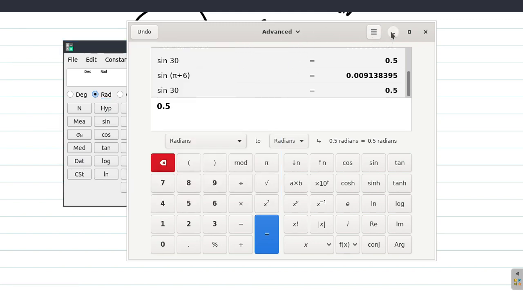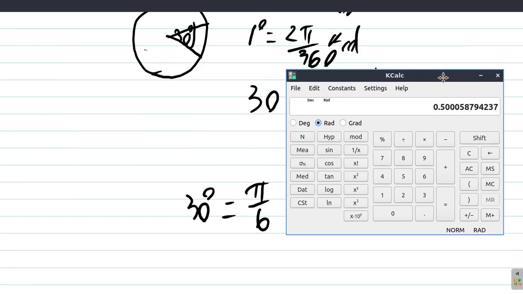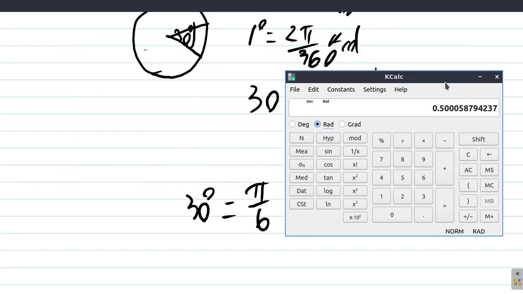This calculator, I don't trust it. I trust this one more. So if you have a calculator that you're not familiar with, whether you borrow it or recently bought it, make sure if you're going to do any trick involving degrees and also radians, make sure you test it to see that it is working.